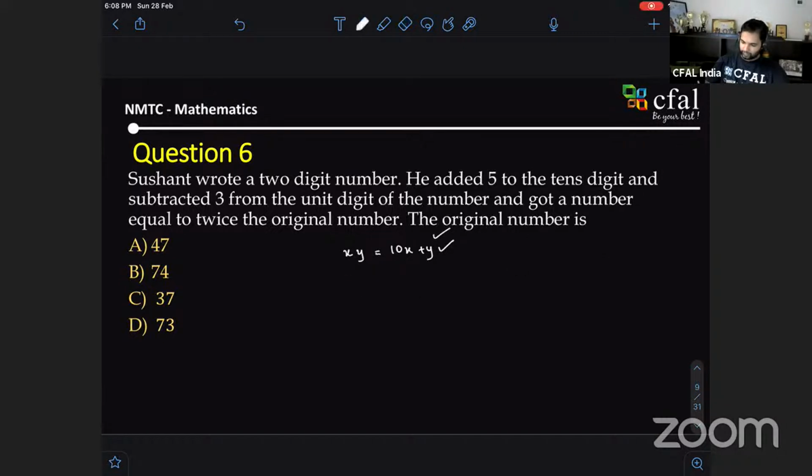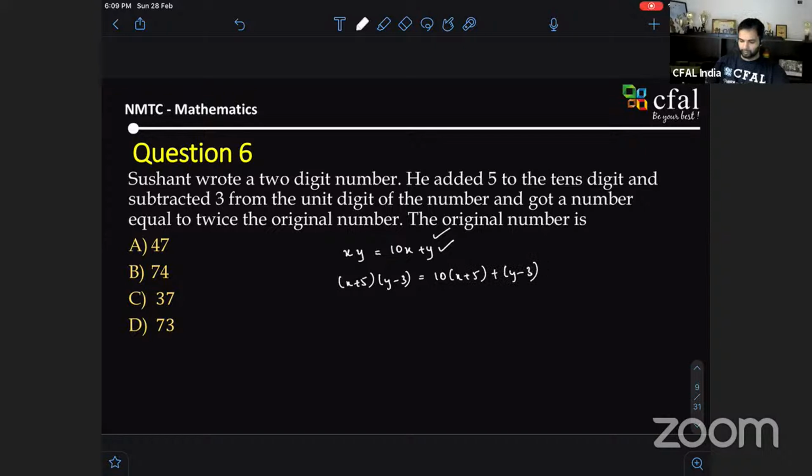Okay, sir. Then the new number, the digit in the tens place will be x plus 5, and the digit in the ones place will be y minus 3. So then to get the actual number, it will be 10 times x plus 5 whole, plus y minus 3. Correct.